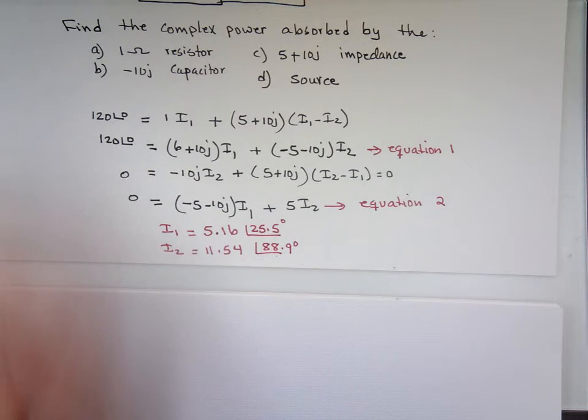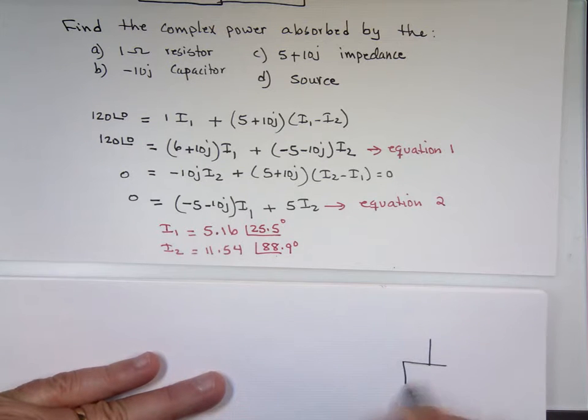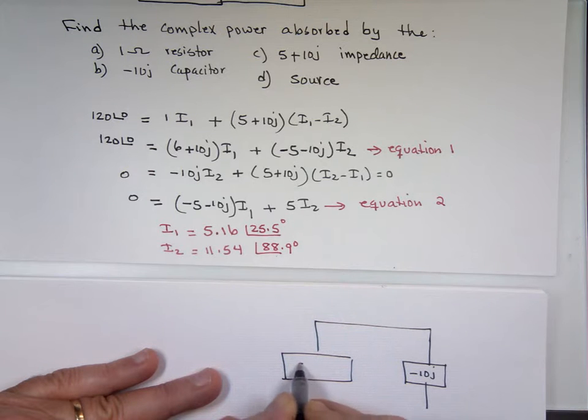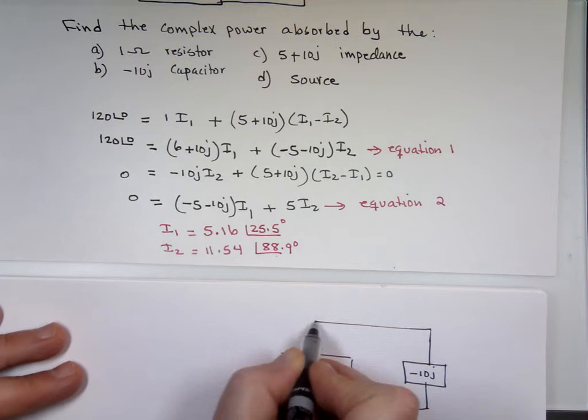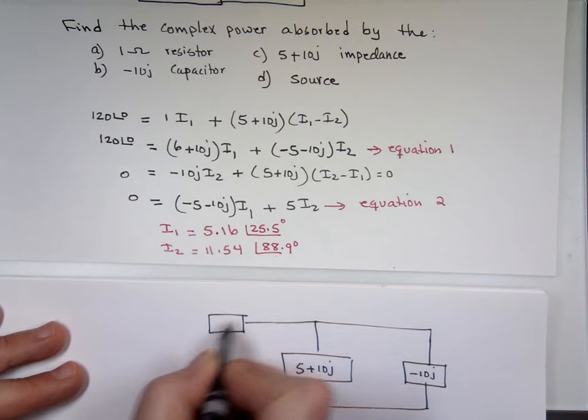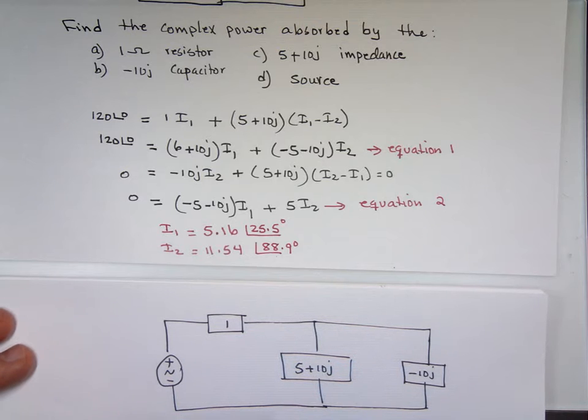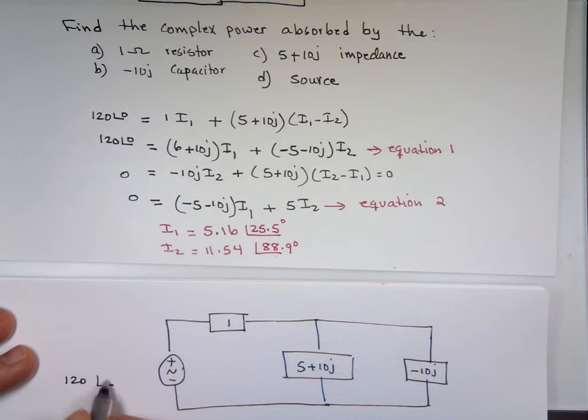So now when I redraw the circuit, I don't have to keep going back to this one. I can redraw that and put the values on it. Negative 10j, 5 plus 10j, 1, and this is 120 angle 0.